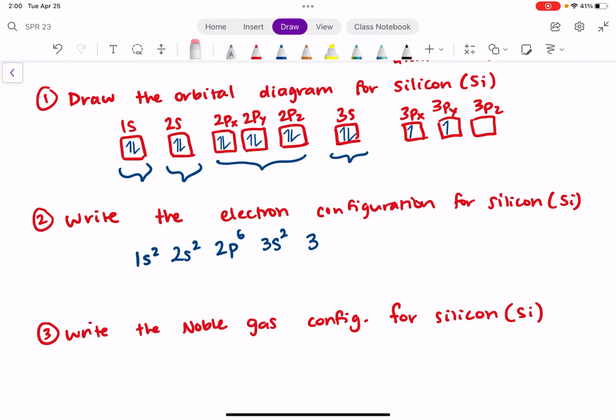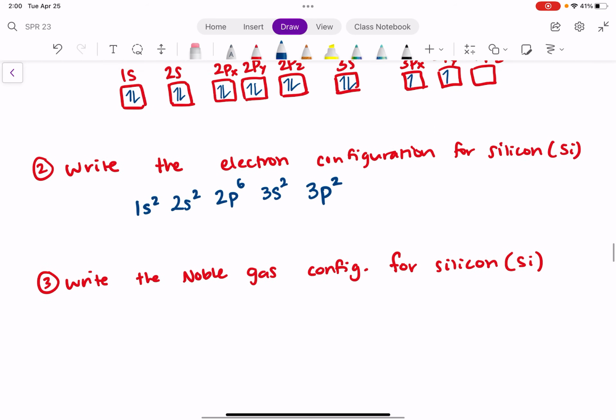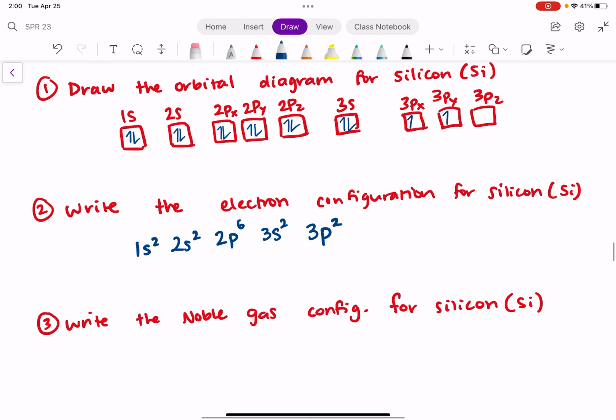Sorry, that's a lowercase p. 3p2, I don't get all my 6 here, okay? So just 2 of them are filled. And you'll see that's actually saying the same thing as the orbital diagram you've drawn out. Okay, so great. Let me draw a little box around that.